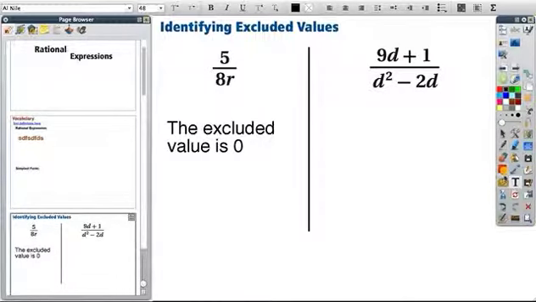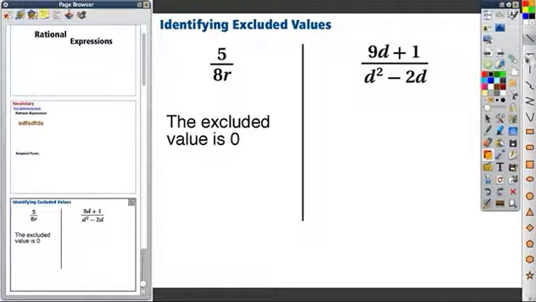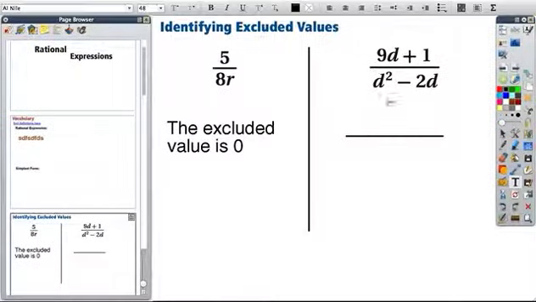Now let's look at the second example. Here, you are going to identify the excluded value. And remember, the best way to identify the excluded value is to factor everything.